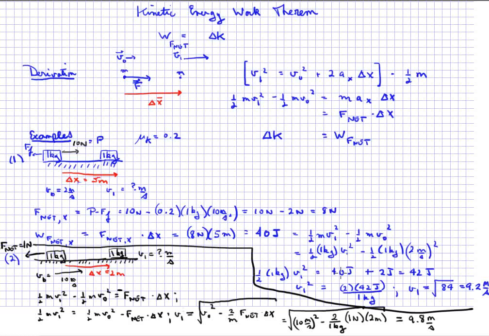That's the work done by the net force, plus 2 joules. That 2 joule term comes from here when it's put on the other side of the equation. 42 joules, and then v1 squared is equal to 2 times 42 divided by 1 kg. In other words, v1 is equal to the square root of 84. It's 9.2 meters per second.